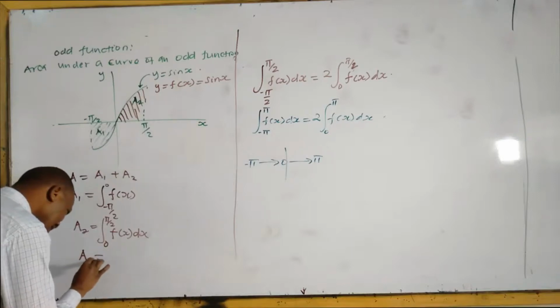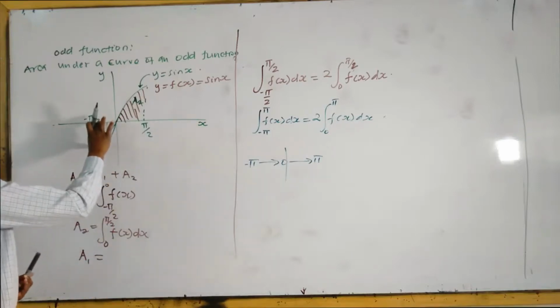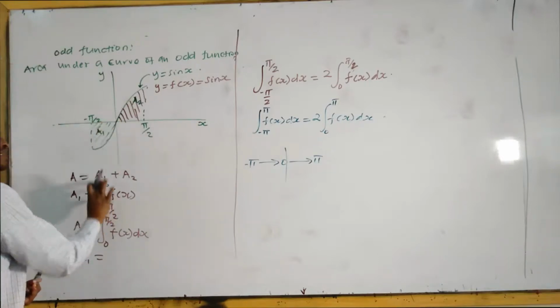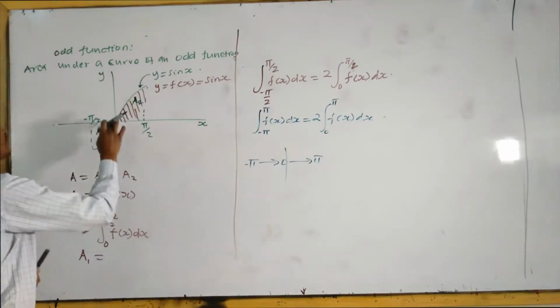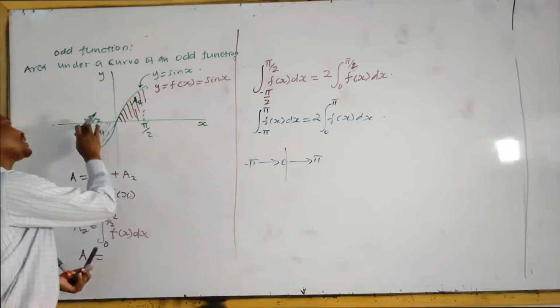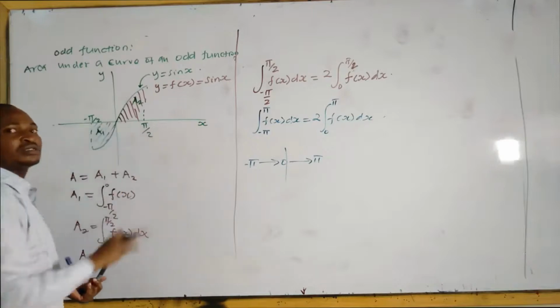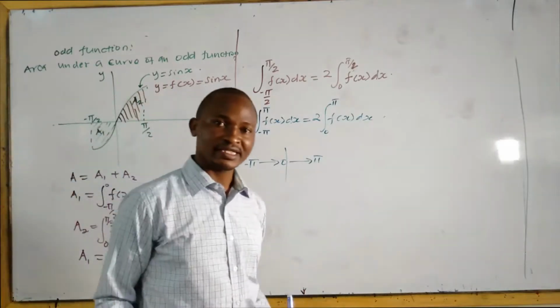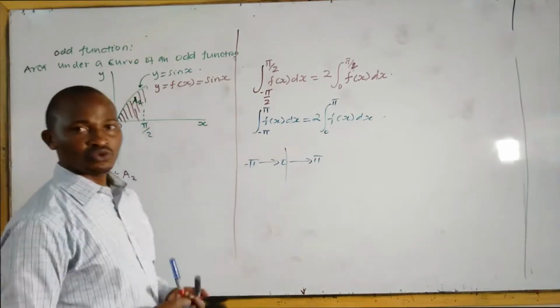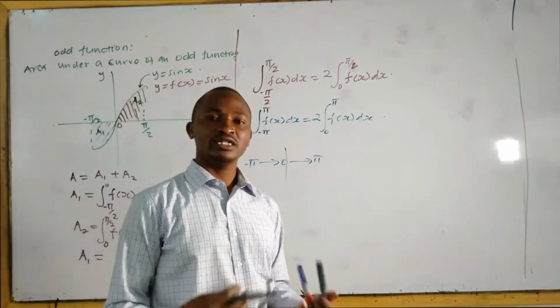Both areas are equal in size, because we are taking the same interval of integration: from negative pi over 2 to 0 is pi over 2 radians, and from 0 to pi over 2 again is pi over 2 radians.